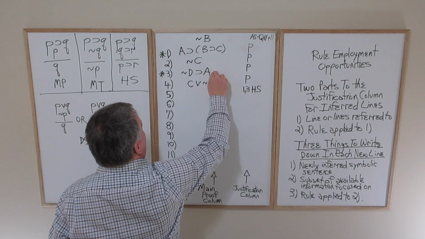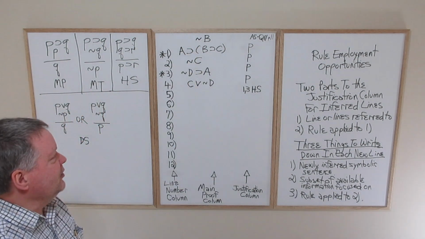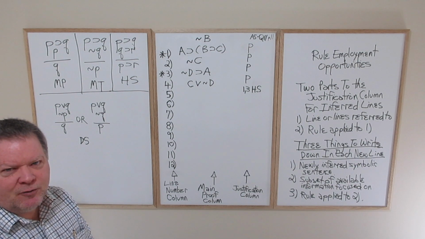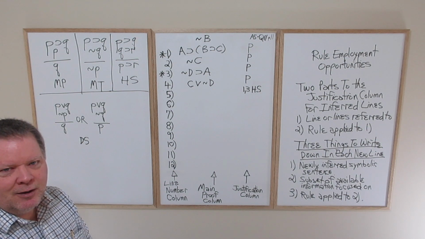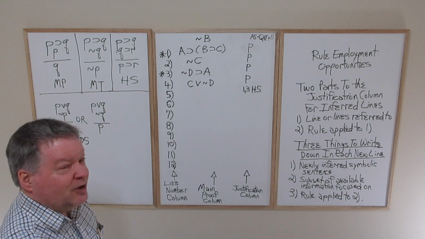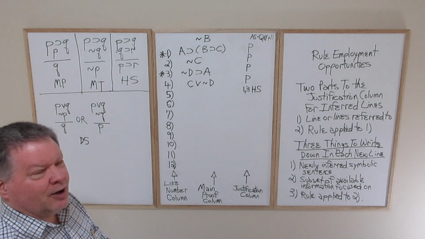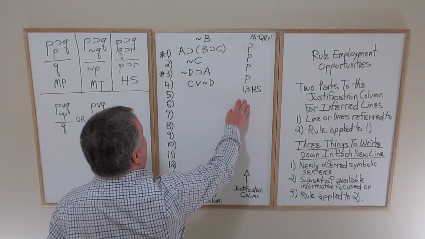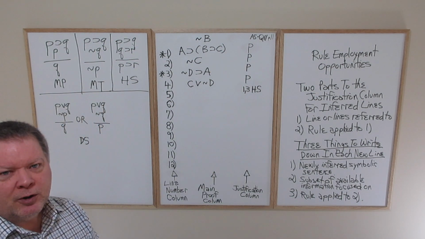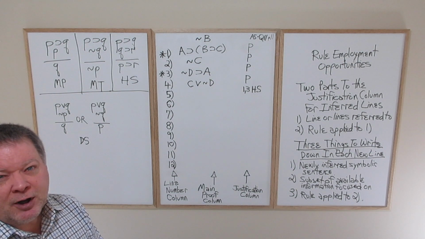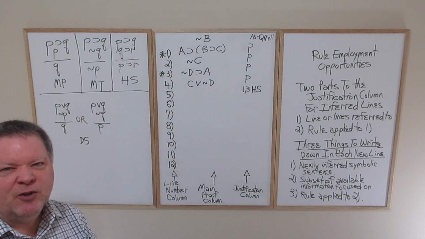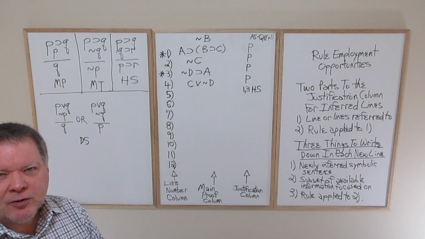The consequent of line 3 is identical with the antecedent of line 1. Why did I write down disjunctive syllogism then? The fascinating answer is not that I'm too dumb, but that I'm too smart. At the same time I was thinking about this, I was also thinking about the fact that 2 and 4 are an alternative possibility, an alternative satisfaction of the rule employment requirements.